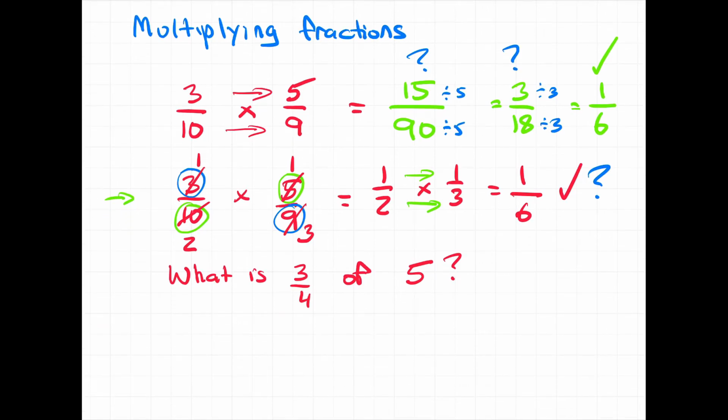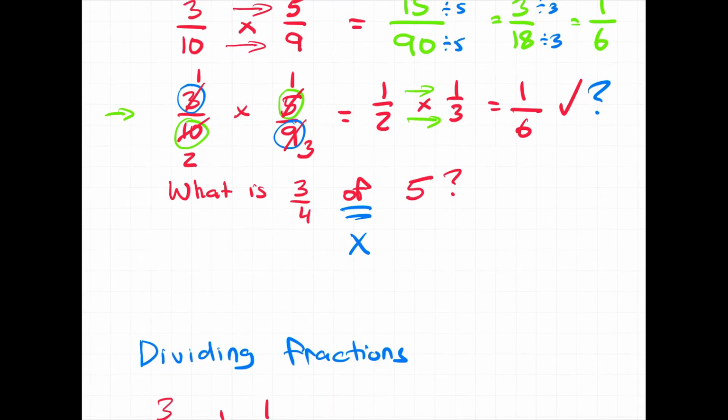Now another word that you might come across is the word "of." And basically what "of" means is times. So what is 3/4 of 5? What that really means is, what is 3/4 times 5. Now the number 5 can be put in fractional form just by putting it over 1.